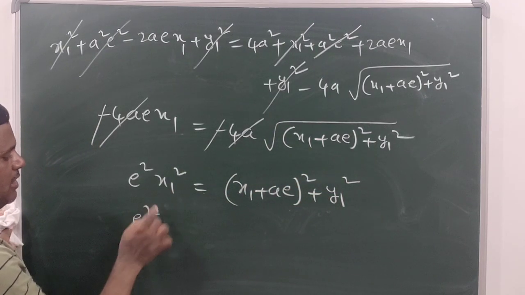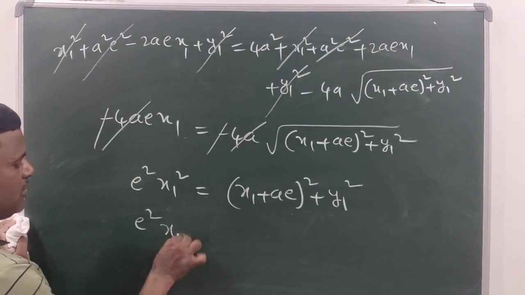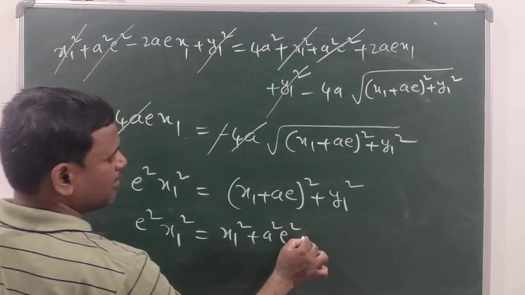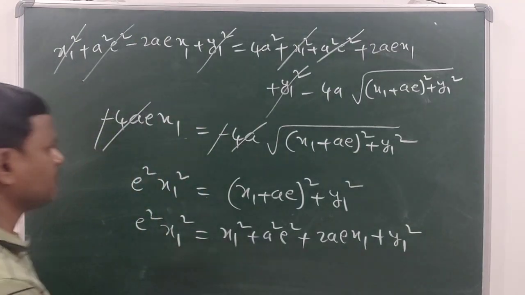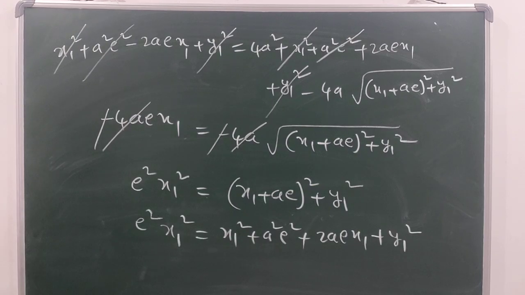Now simplify this. e square x1 square, now which is equal to x1 square plus a square e square plus 2ae x1 plus y1 square. The next step, what I have to do? Students, tell me. Bring it to the left side.